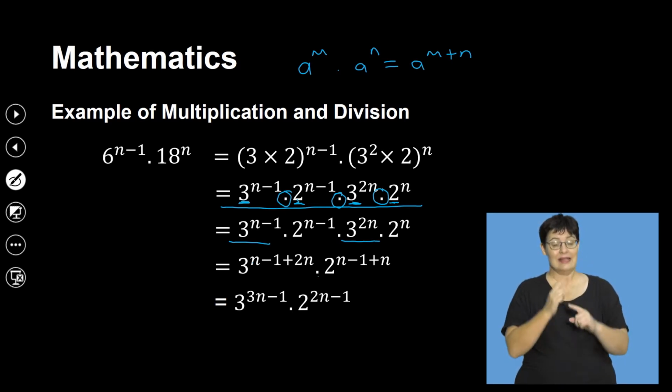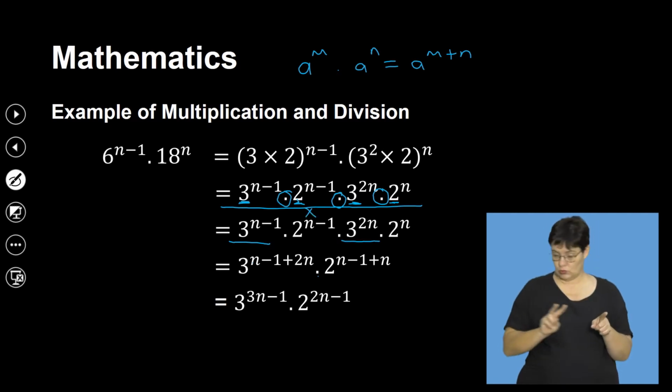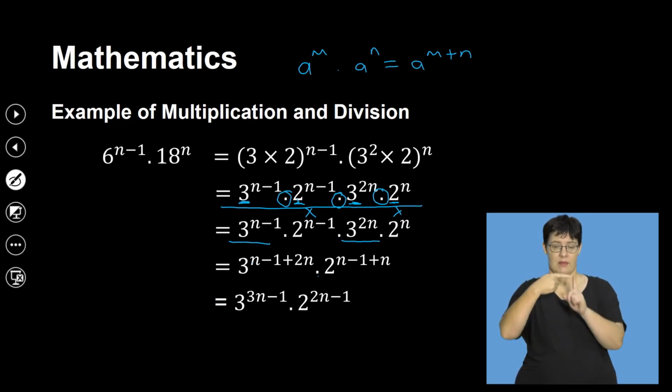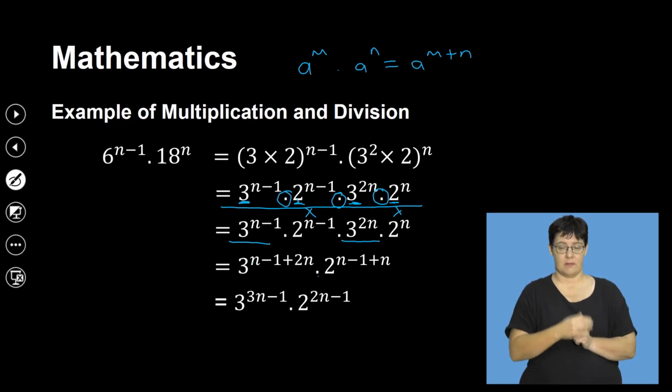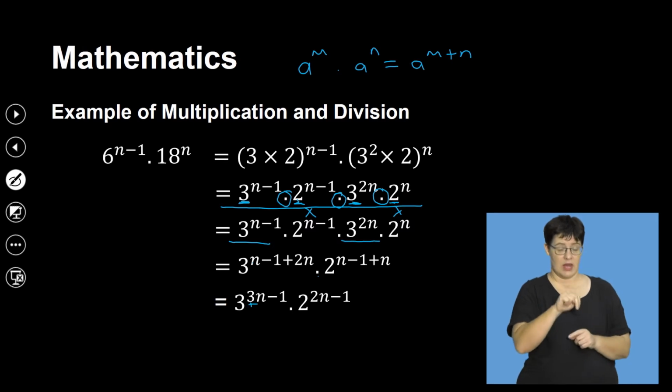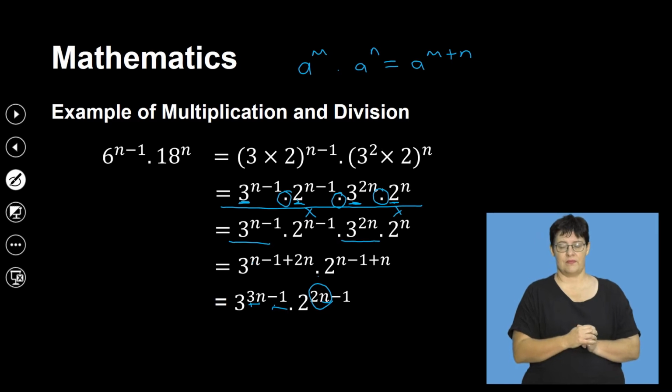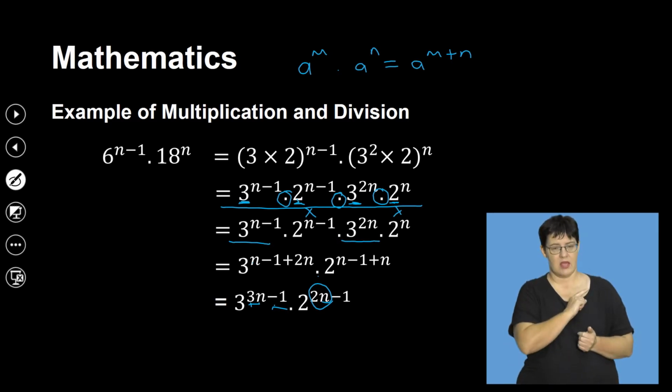Then the 2 here will go with that 2 there, and then it will be n minus 1 plus n. Then you know that n plus 2n will give me 3n, and then minus 1 does not have a like term, so I will leave it as is. And then n plus n will give me the 2n there. Then minus 1 remains as is because it doesn't have a like term.